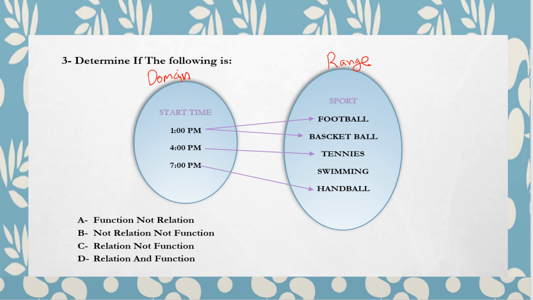Here in this example, we can say this is a relation if each element in the domain corresponds to an element in the range, so this is a relation. And here, each start time in the domain corresponds with a sport, so this is a relation.